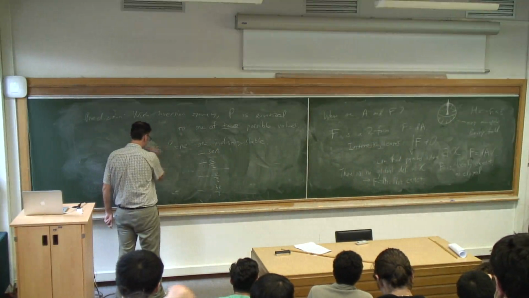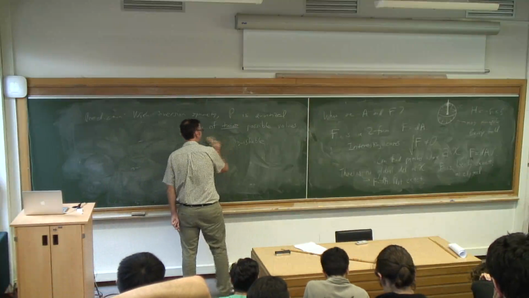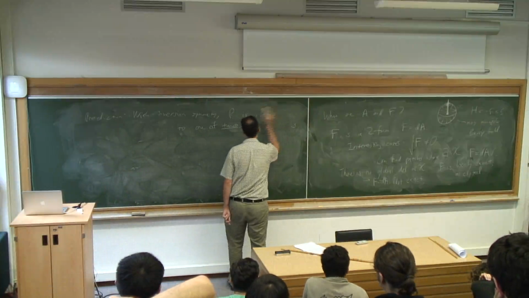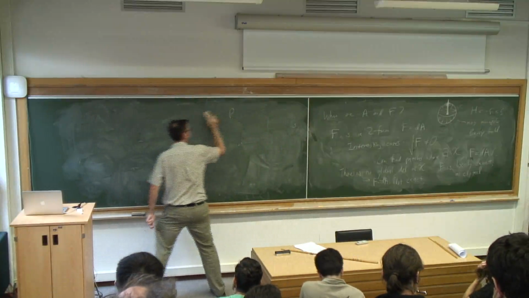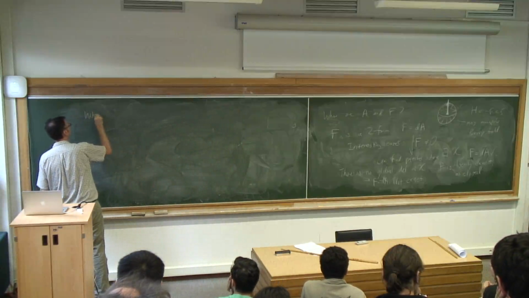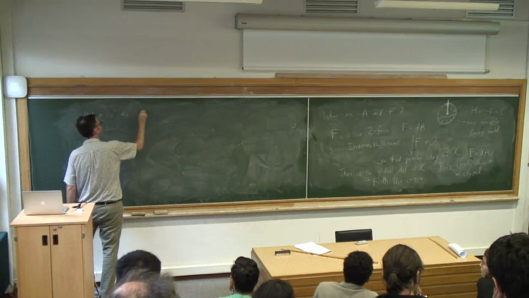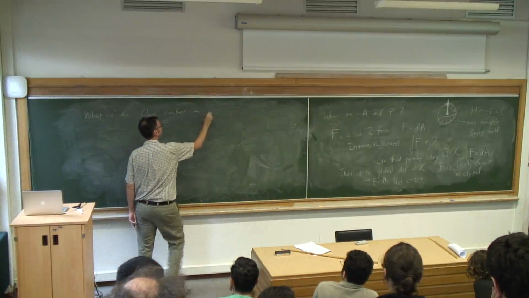And to be more precise, there's one ingredient that we have to add, and this lets me give an answer to a question that I was unwilling to answer yesterday, at least a partial answer, which is the following. What is the Chern number to a mathematician?